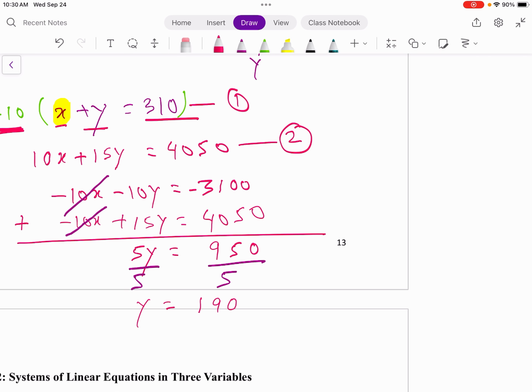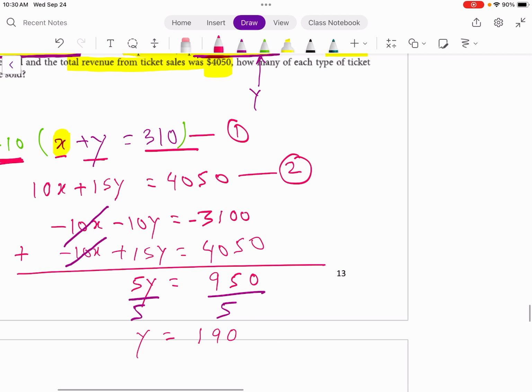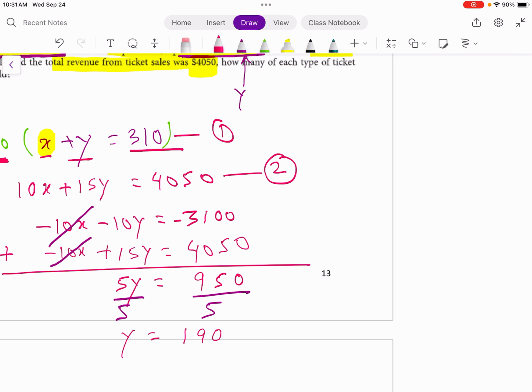So we sold 190 tickets at the door. Now what about x? You substitute y equals 190 in one of these equations. Let's take the first equation. So x plus y, our y is 190, equals 310.